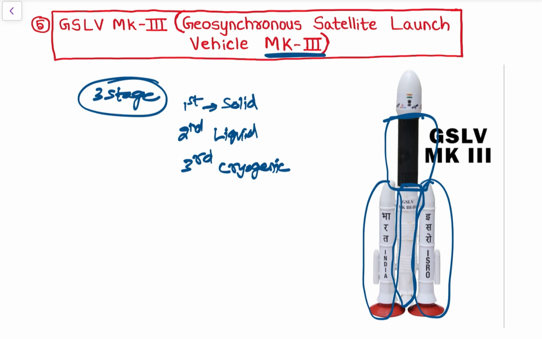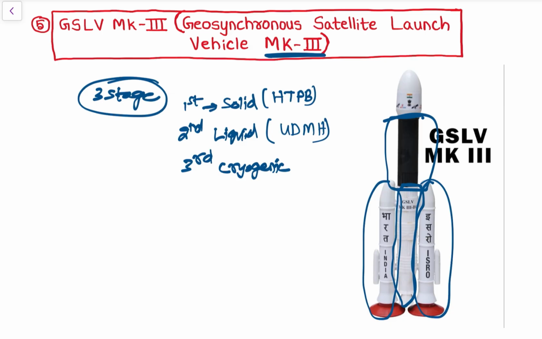So first is solid. In the solid stage we use HTPB, that is hydroxy terminated butadiene. No need to note down here, we'll be discussing it in the class notes. And in the liquid stage we'll be using UDMH, that is unsymmetrical dimethyl hydrazine.